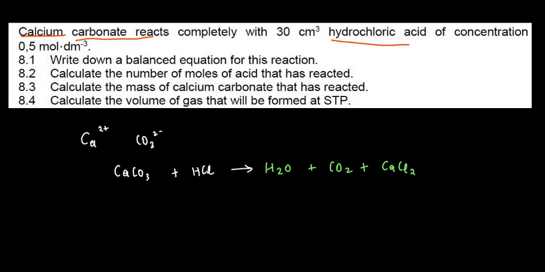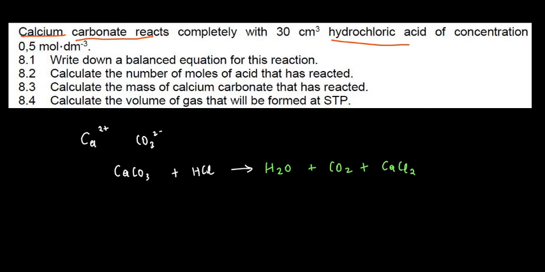So why did you say H2O, or where does H2O come from? It's the type of the reaction. It's a metal carbonate plus an acid. So when you have a metal carbonate plus an acid, we form H2O and carbon dioxide.